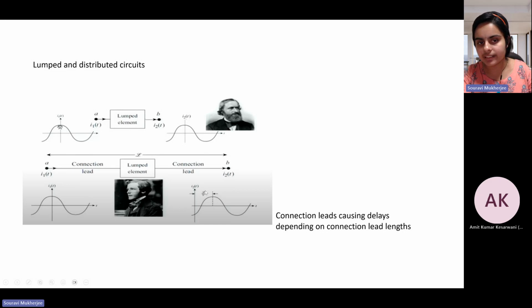And that delay is a function of the length of the connection leads that join the two points. When this kind of case happens, it's actually a distributed circuit. Why it is called distributed will come soon, but the basic difference is that now the connection leads make a difference. The connection leads cause delay.